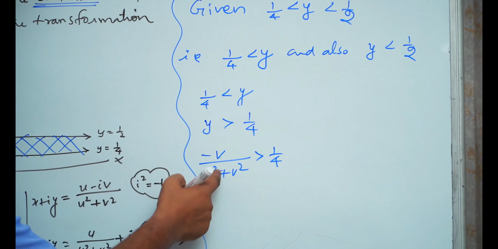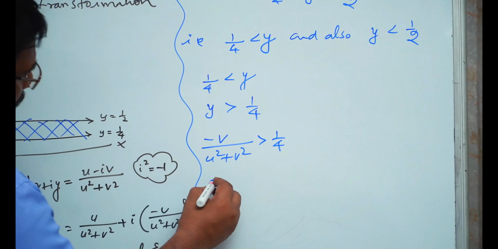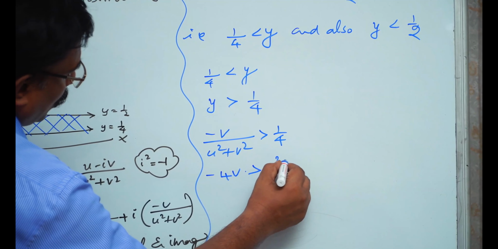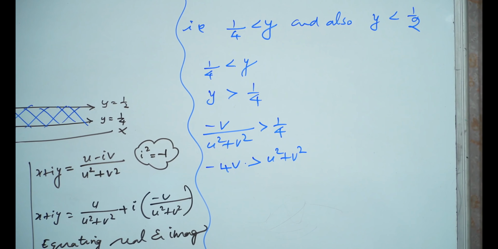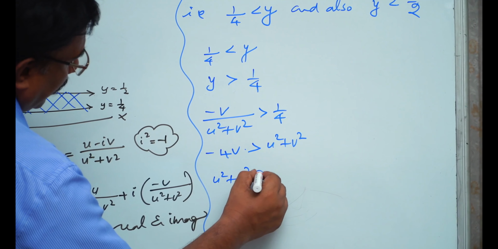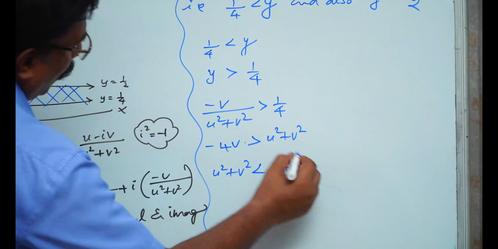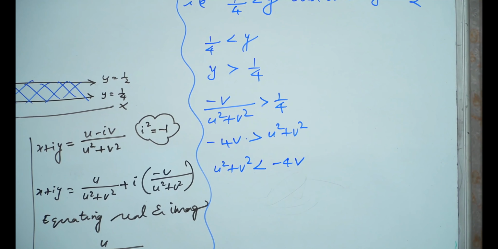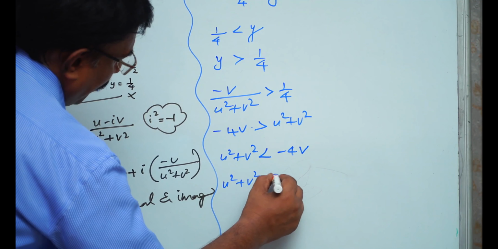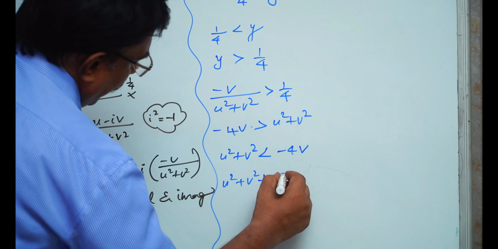Then I replace y by this standard value: -v/(u² + v²) > 1/4. Then -4v > u² + v², so u² + v² < -4v, and u² + v² + 4v < 0.